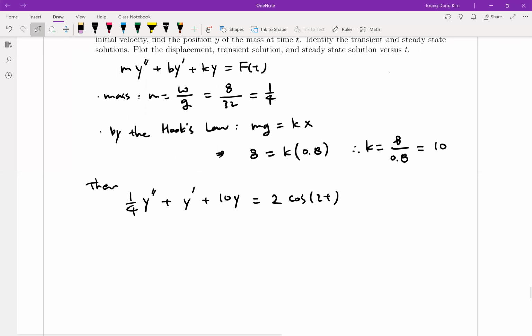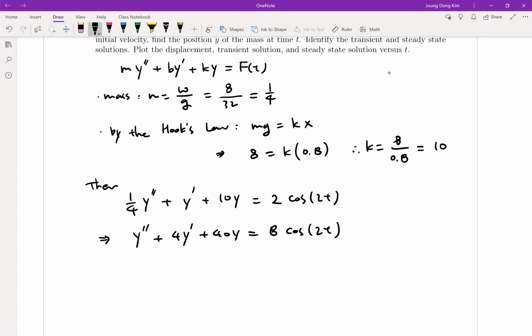For convenience, let me multiply by 4 on both sides to clear the leading coefficient. Then this can be written as y double prime plus 4y prime plus 40y is equal to 8 cosine 2t. Are you with me so far?